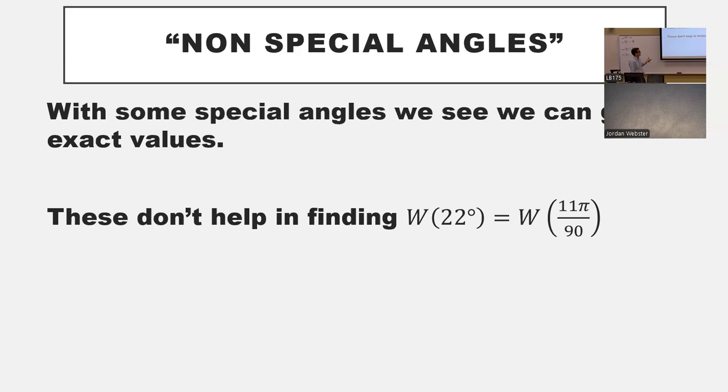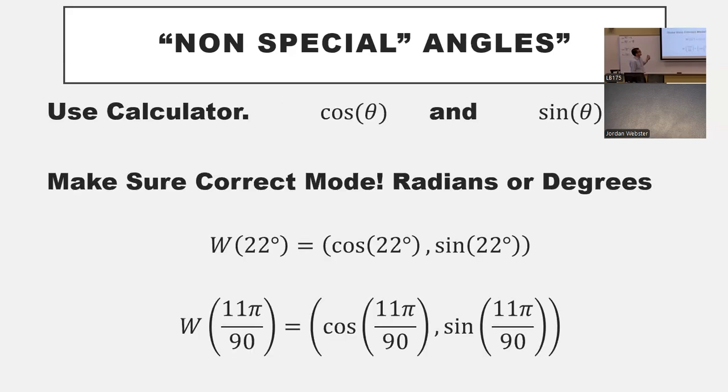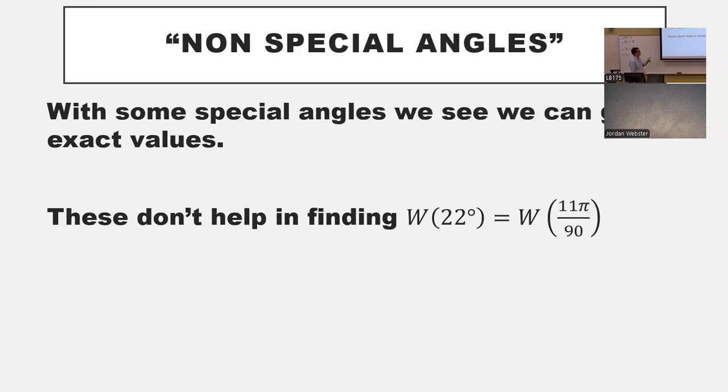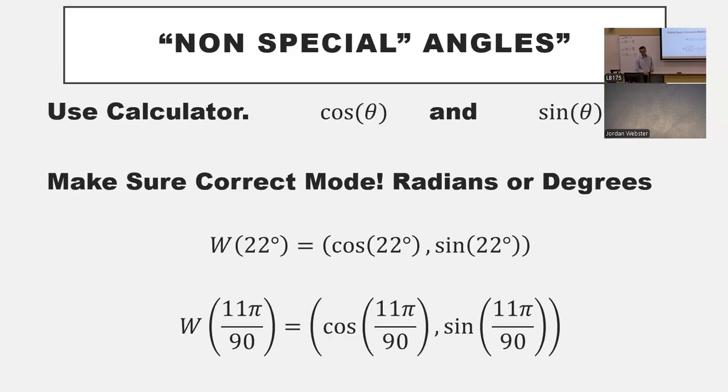In general, and like I said, for the special angles, we could have used our wrapping function, but that obviously didn't help us with 22 degrees. But like I wrote earlier, we can use our calculator with 22 degrees.